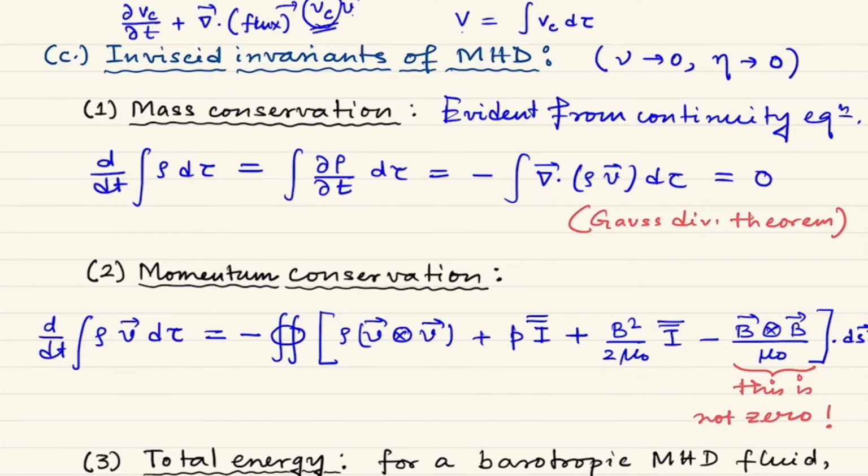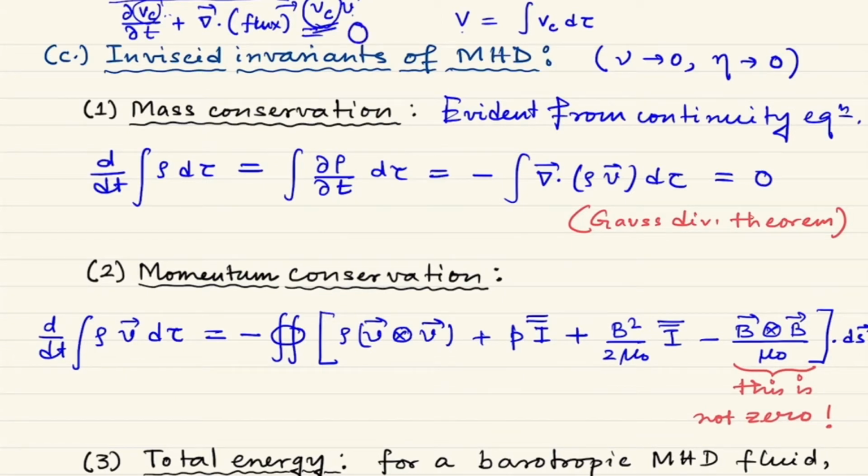We sometimes call that the current associated with that quantity. For example, for mass, rho is the density of mass and rho v is the mass current. So this type of thing is there, and that should be exactly equal to 0.